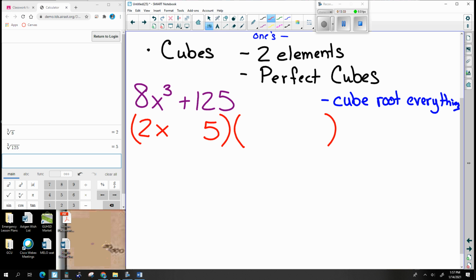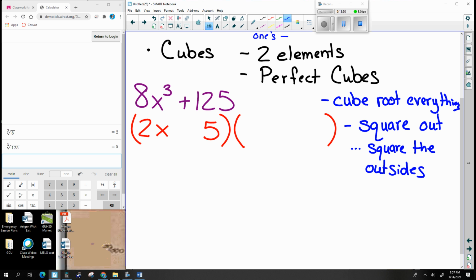Here's where I define this as square out. What I mean by that is square the outsides. So I take this number, 2x and 5.